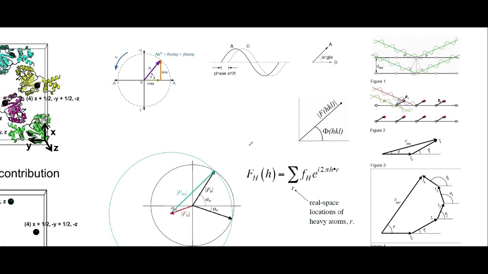And the phase can be thought of if we're, so the structure factor is determined by a complex number which looks like this, and so the intensity is the structure factor squared.